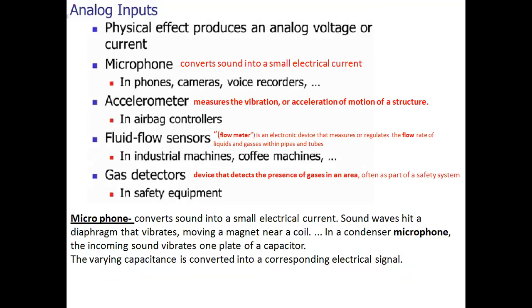in short, the analog inputs, namely the microphone, the accelerometer, fluid flow sensors, as well as gas detectors. A gas detector is basically a device that detects the presence of harmful gases in an area, and often it is a part of the safety system, as well as a part of safety equipment.